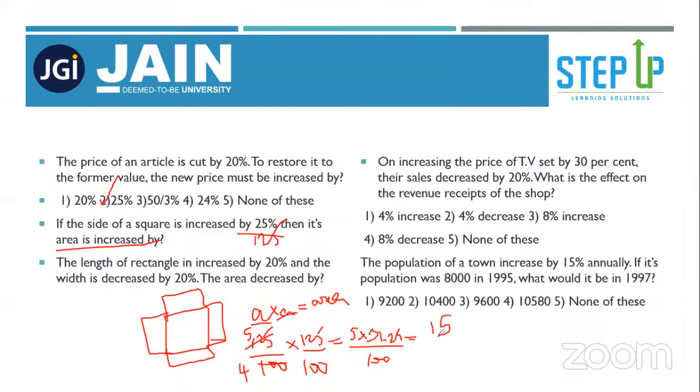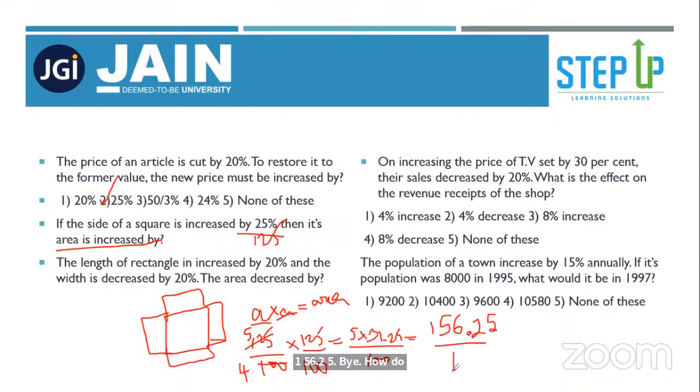So 156, is that only that much? By 100. Point 156 points. 156.25 by 100.